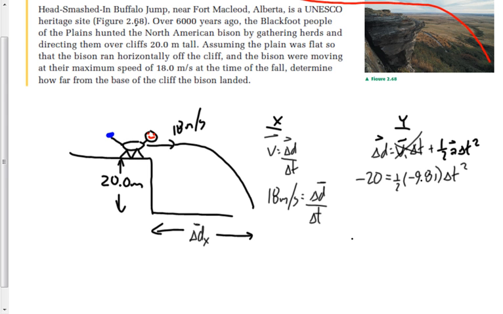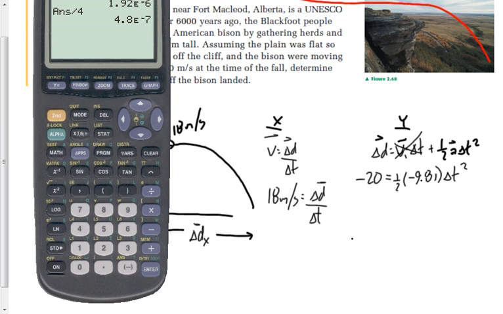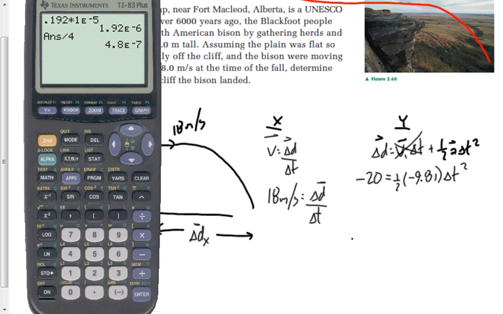Let's pull out our calculator and do this as a group here. Let's say negative 20. We can divide negative 20 by a half. Negative 20 divided by 0.5. We can also divide it by negative 9.81.